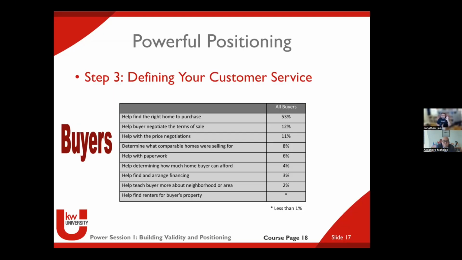This is where they interview a number of buyers, and they ask them, what is that one thing that you need real estate agents to do for you as a buyer's agent? And it's all here. The value proposition, right? This is what your clients are actually looking for. So the question is, how do you communicate all these things in a way to define your customer service?